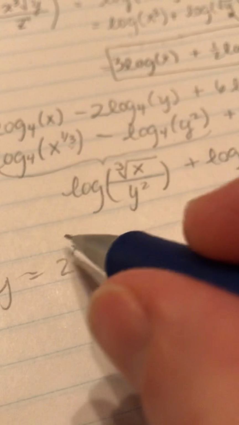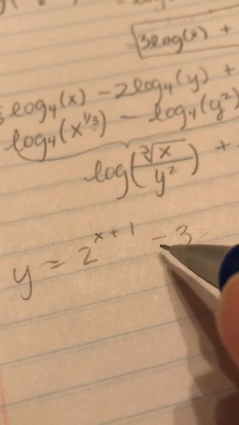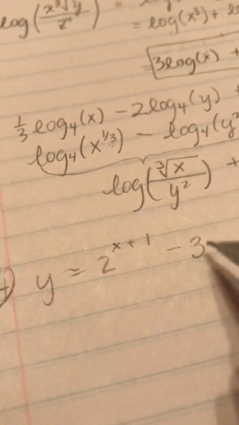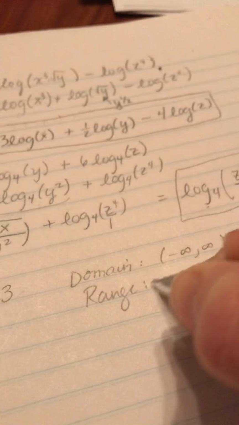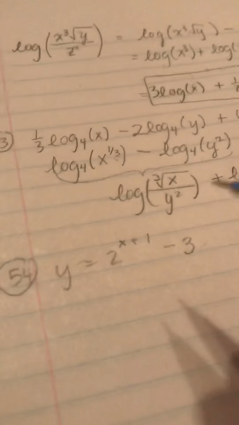So 2 to any power is going to be always greater than 0. So this has a shift down 3. So that just means it's always greater than negative 3. So the range is going to be negative 3 to infinity, not including negative 3.